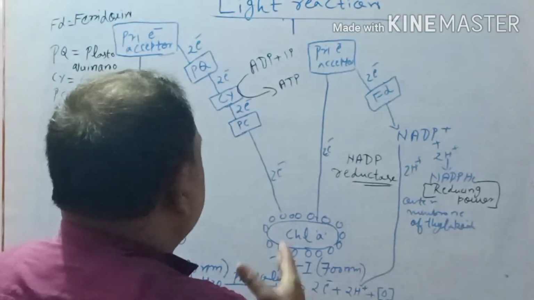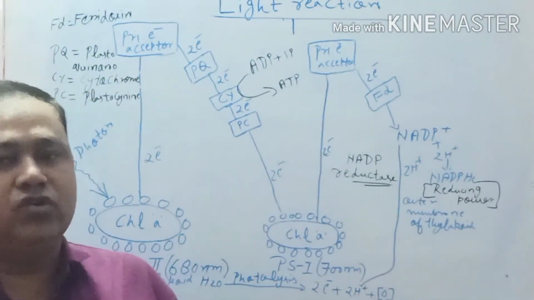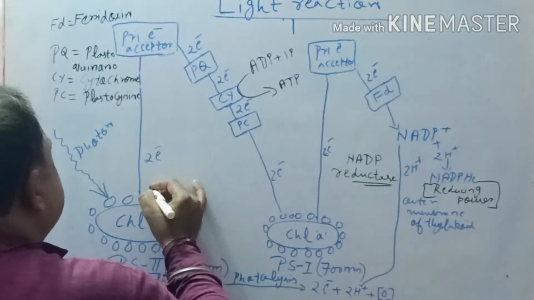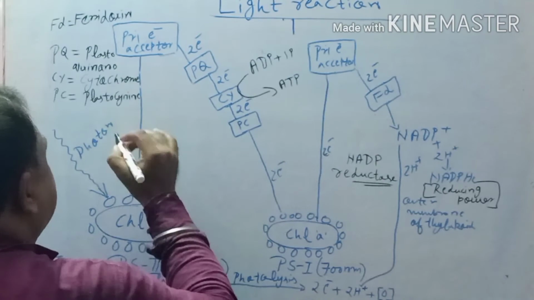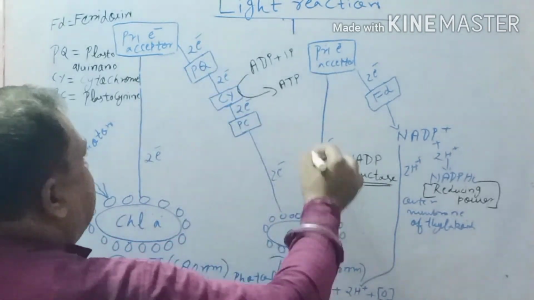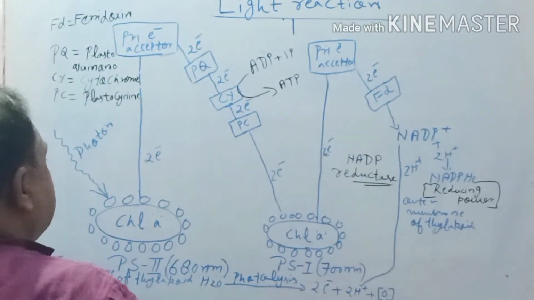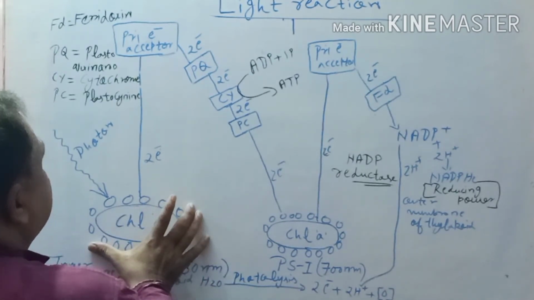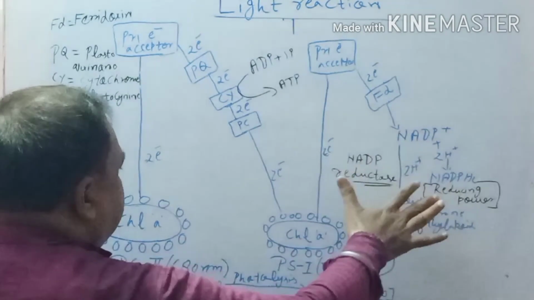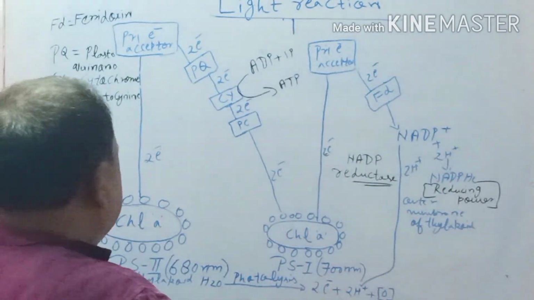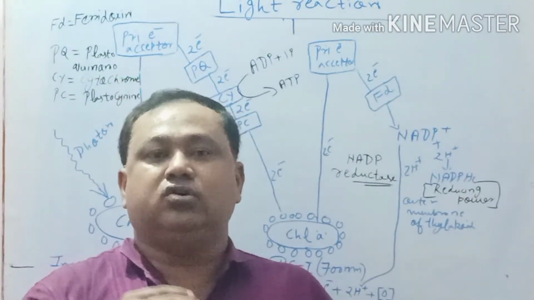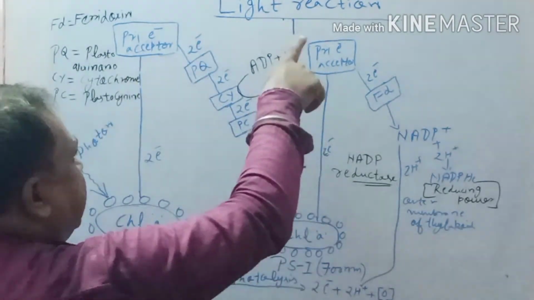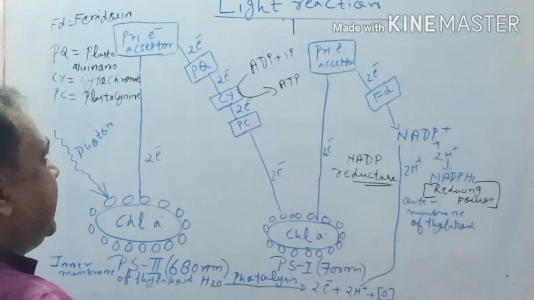It is called non-cyclic photophosphorylation because here the electron which is released from the reaction center does not come back again to the reaction center, that is chlorophyll A. That's why it is non-cyclic photophosphorylation.